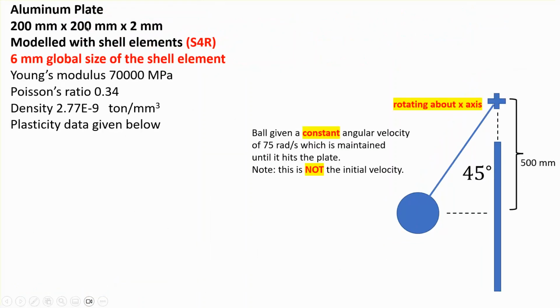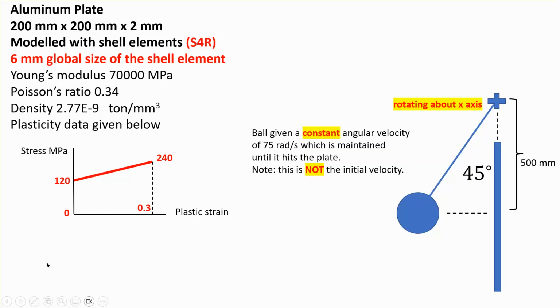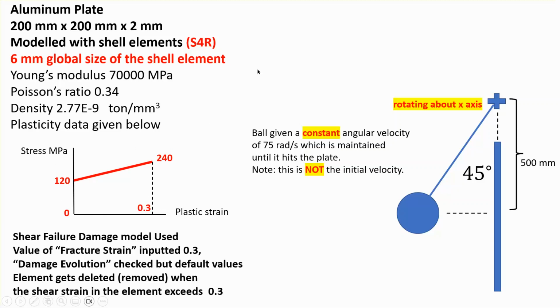The properties of aluminum are given here, the plate is given here, and the plasticity data is right there. Also, I'm going to be using damage because we want to make sure that this thing actually destroys the plate, and we're going to use the shear failure damage model.